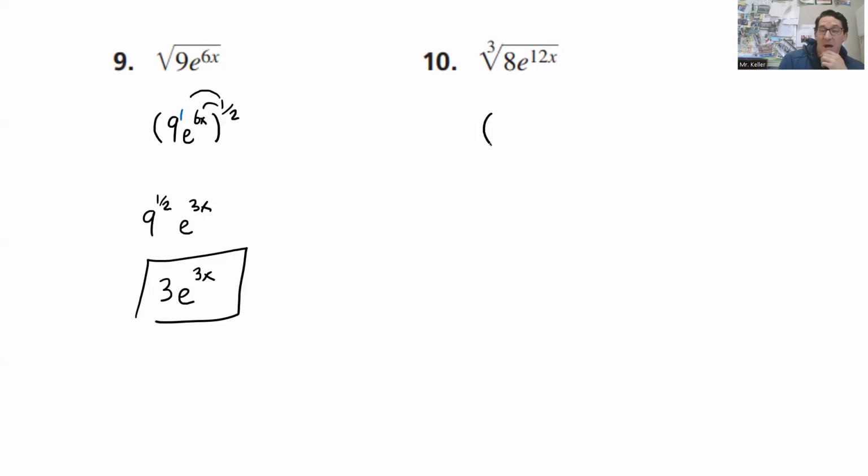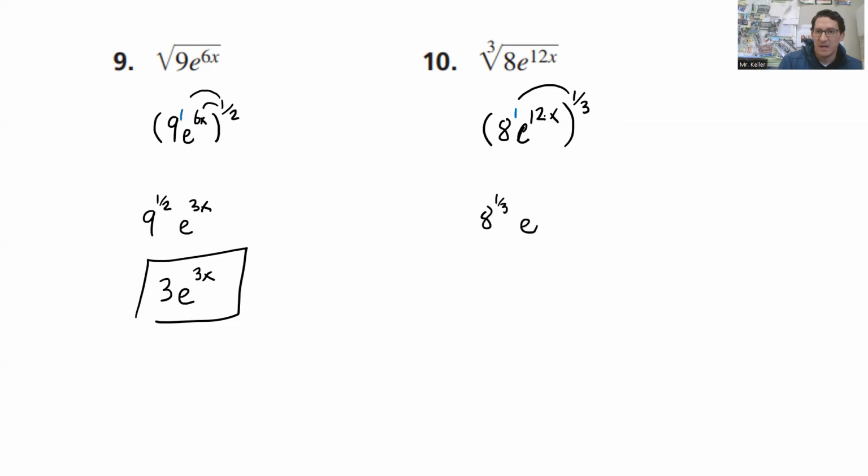Similar thing here. I'm going to rewrite the root as a power. The third root is the same thing as a 1/3 power. That 8 has an invisible exponent of 1, so this is going to get multiplied. 1 times 1/3 is 1/3.